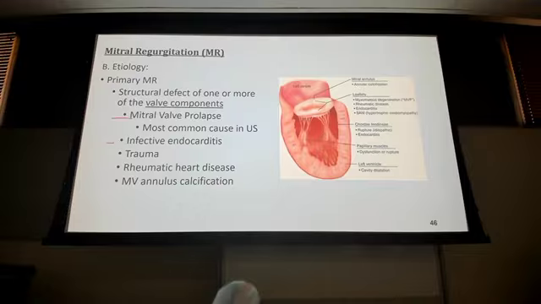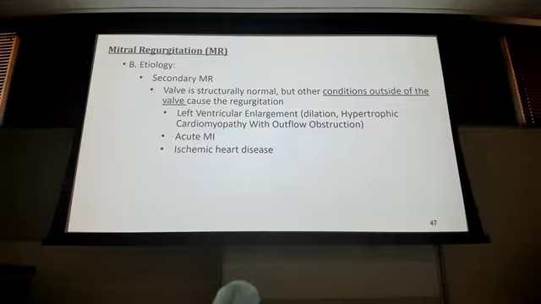Or it could be trauma related. Okay. Secondary, we talked about the causes of that. Another thing would be ischemic heart disease, like a heart attack leading to large regions of the left ventricle that are damaged because of it.